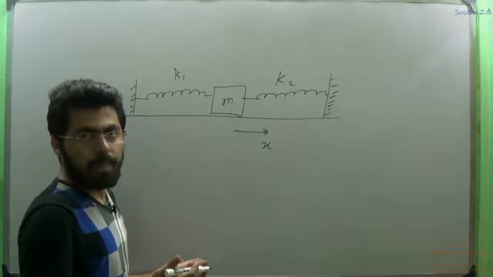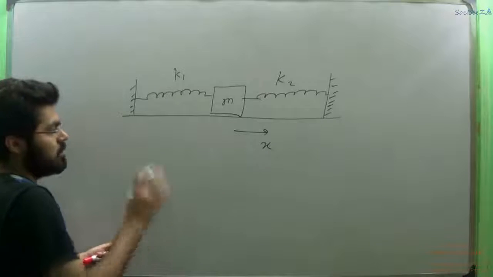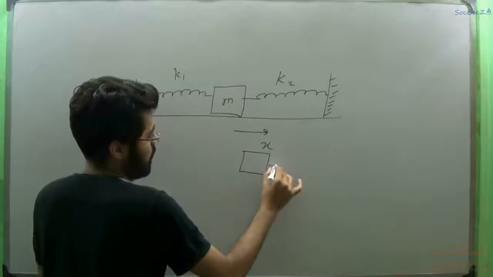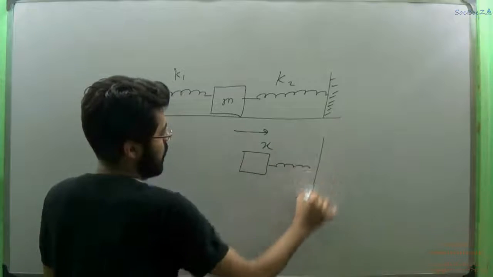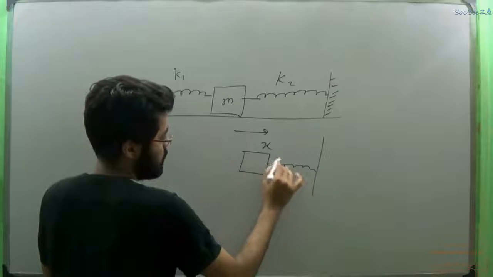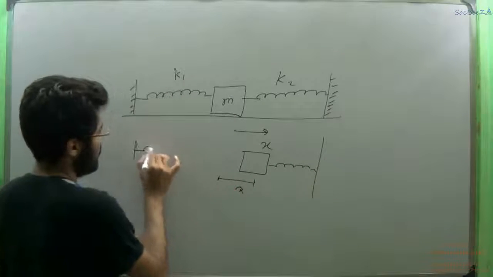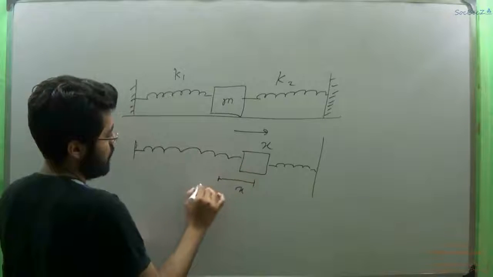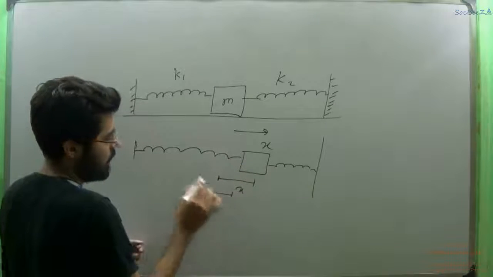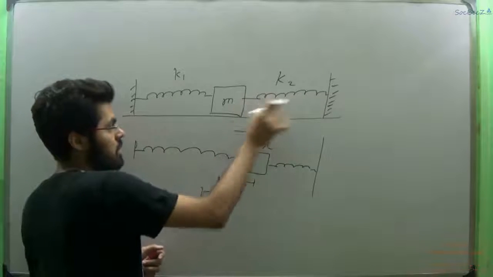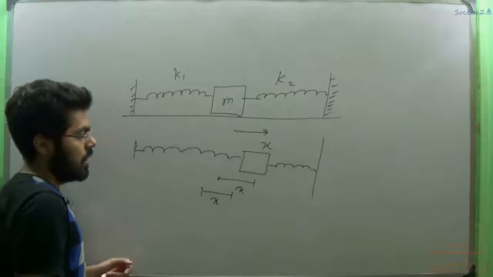So what will happen? As soon as you leave it, the block will be somewhere here. So this spring would be in a compressed position by an amount X, and this spring would be in an elongated position also by an amount X. If you move this X, there would be compression X, there would be elongation X.